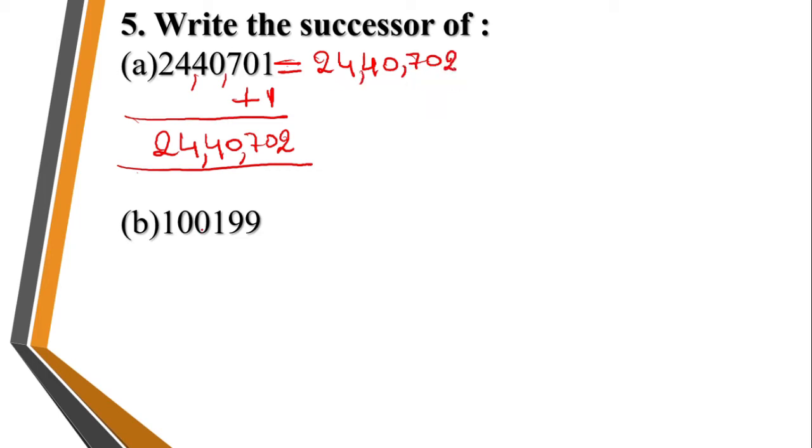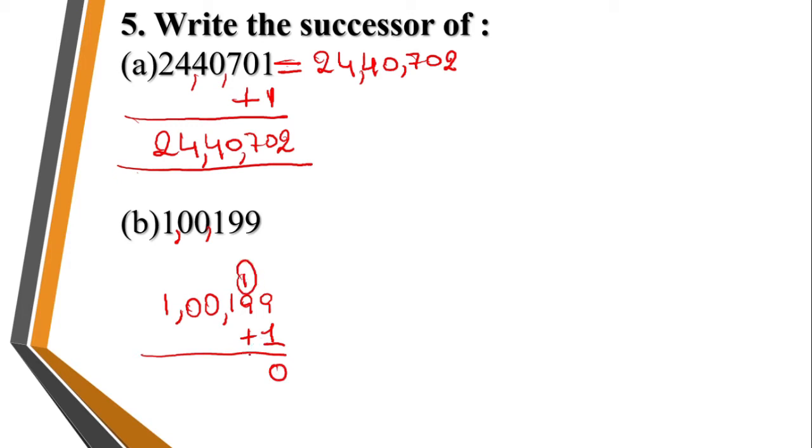Now the second question which we have is 1,199,000. Now here we should do plus 1 to it, right? So 1,199,000 plus 1 we should do. Now here 9 plus 1 is 10, so 0 and 1 carry over.